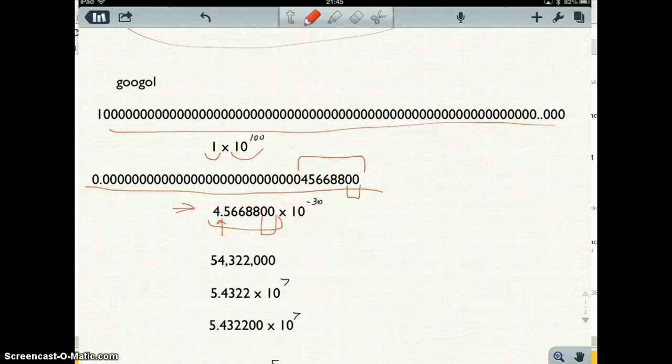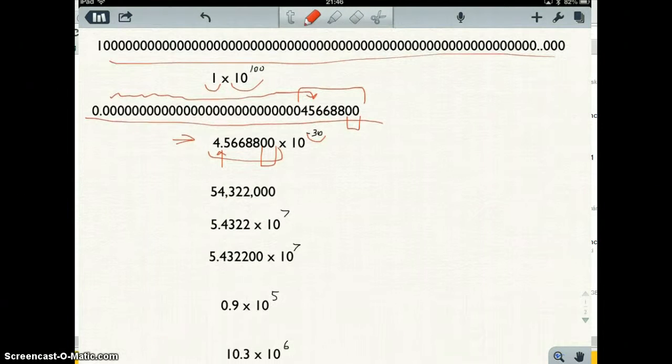All the significant figures need to stay in the value for a, and then we just figure out how many times we need to move the decimal point over to get to between the 4 and the 5, and that's going to be negative 30.